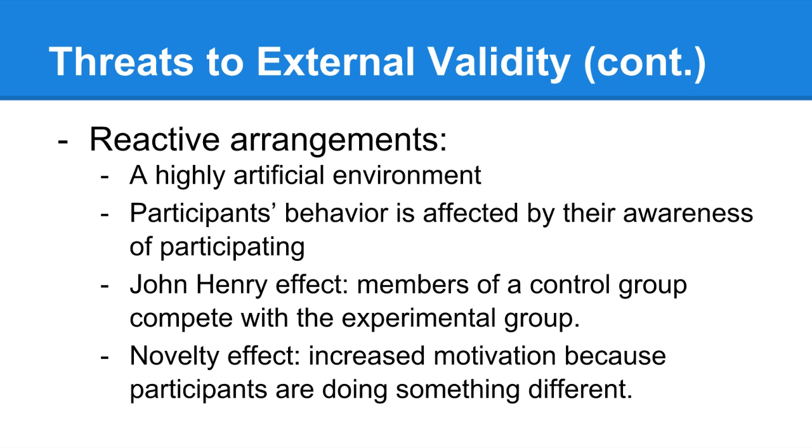And finally, the reactive arrangement, which is if you develop a highly artificial environment, or the participants change their behavior because they know they are in a treatment or an experiment. The John Henry effect, in which members of a control group compete with the experimental group, and the novelty effect, which is increased motivation because participants are doing something different.